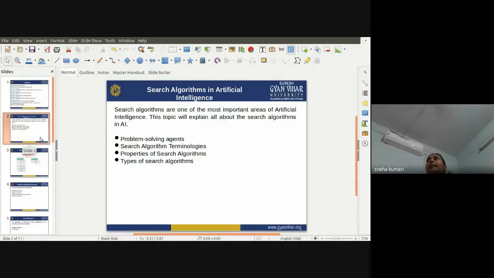See, I'm taking one example. Whenever you start a search, definitely a set of input you apply, right? So for storing that input, and also in between, there are so many things that happen, right? So for storing those in-between results, you need some space, right?